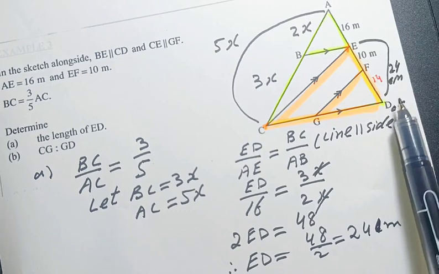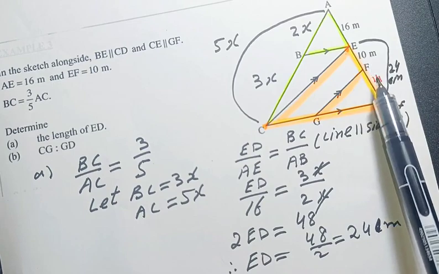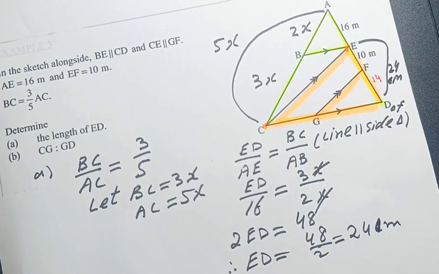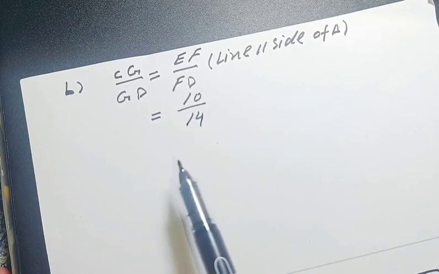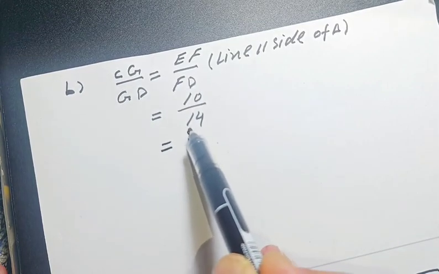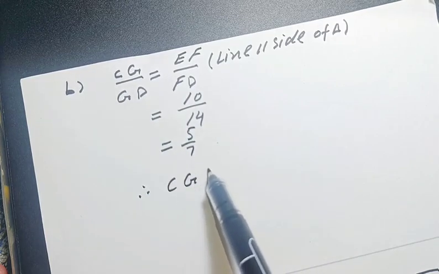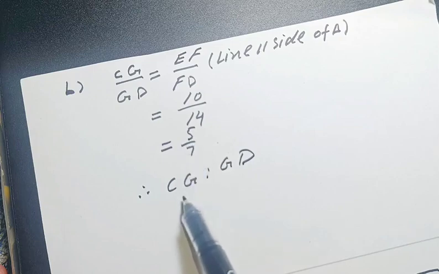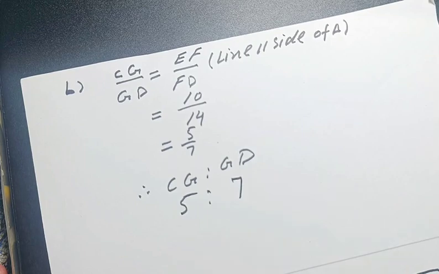Remember ED 24 we found earlier, minus this EF 10. So how much is left here? FD is 14 meters. So EF is 10 and FD is 14, and now I can simplify. That's gonna be 5 over 7. Therefore CG ratio GD, CG is gonna be 5 and GD is gonna be 7. This is my final answer.